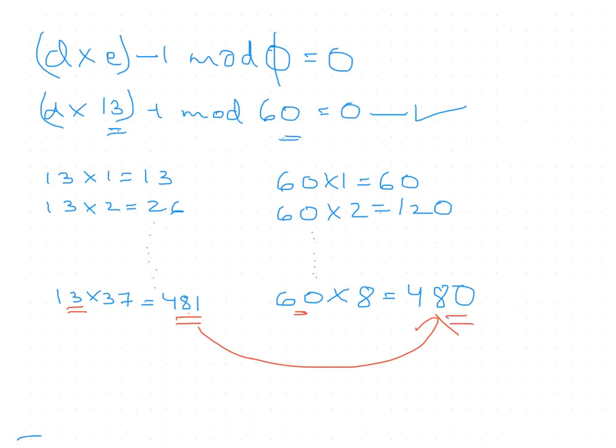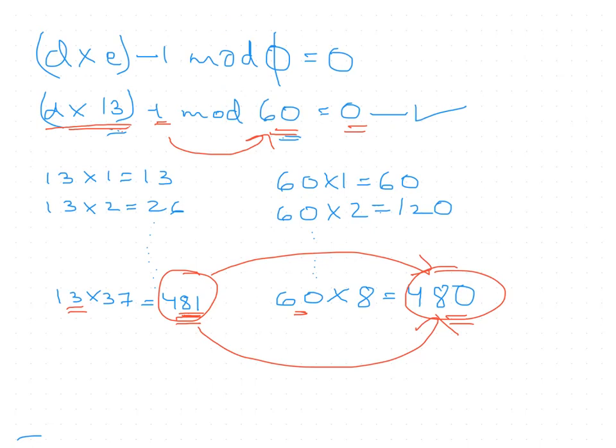Now if I go back, I had told you the product of E should be 1 greater than the product of 60, which means the product of E minus 1 is going to give me a number which is completely divisible by 60. Mod of something equals 0 means it is completely divisible, right? So did I get the number? I have a product of 13, which is 481, which is 1 greater than a number which is a product of 60, or completely divisible by 60.